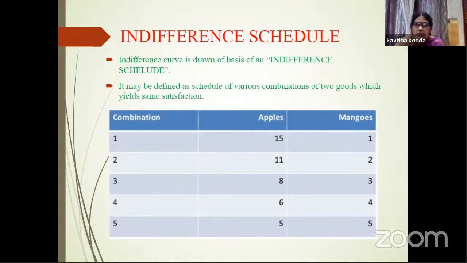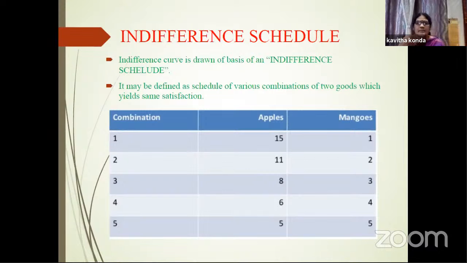We are substituting apples in place of mangoes. Means to get 3 mangoes we have to forego some apples, so with limited income we get 8 apples and 3 mangoes. In the fourth combination, 6 apples and 4 mangoes. In the fifth combination, 5 apples and 5 mangoes.